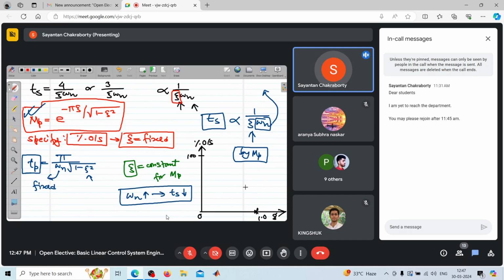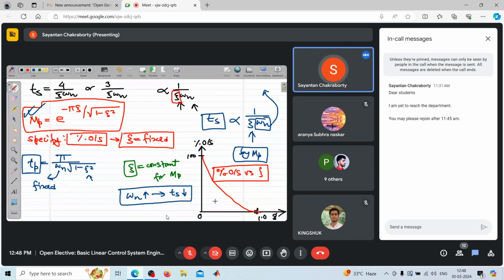And the nature of this response is something like this. This is the percentage overshoot versus zeta. That is why whenever you specify this percentage overshoot, the zeta gets fixed. You cannot change the value of zeta.